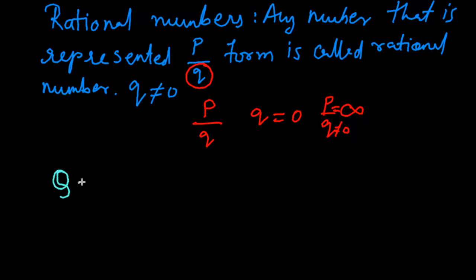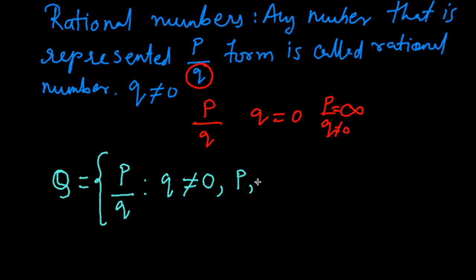It is represented by capital Q. The set of rational numbers is represented by capital Q. Capital Q is equal to P by Q. It will be in the form of P by Q, where q is not equal to 0, and p and q would belong to Z. Now Z is a set of integers, so p and q could be negative also, could be positive also, and p can be 0. The only thing is that q cannot be 0.